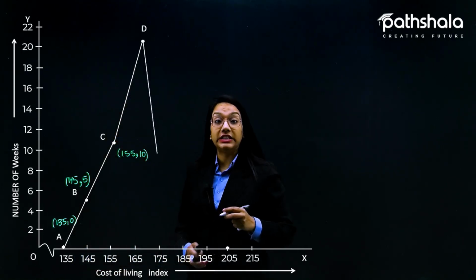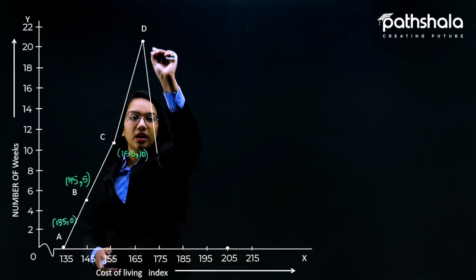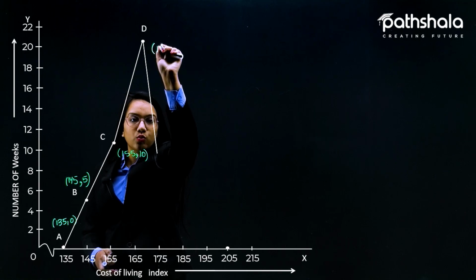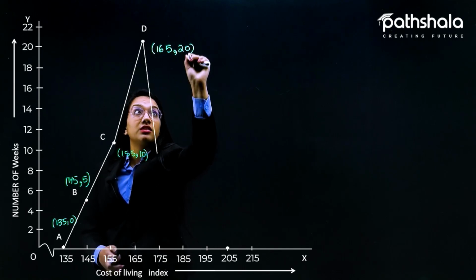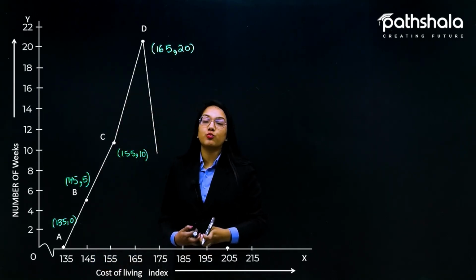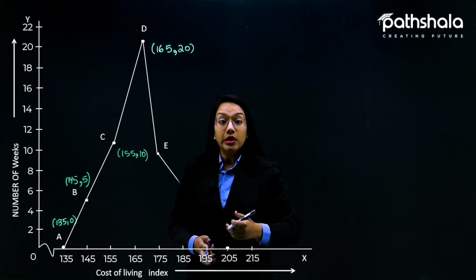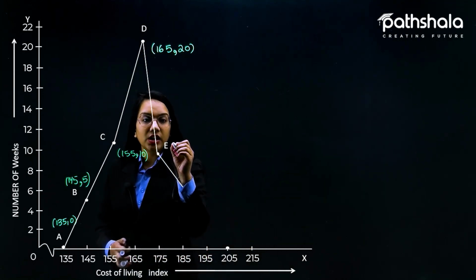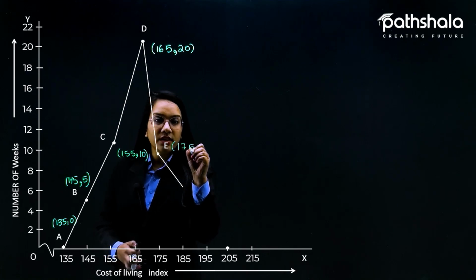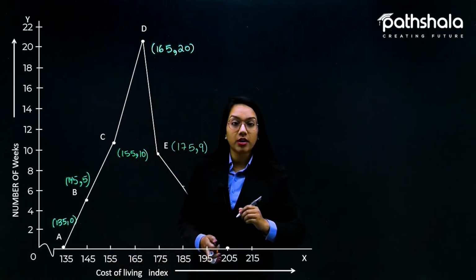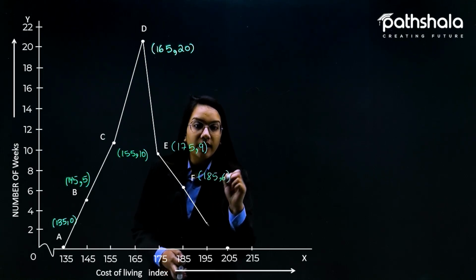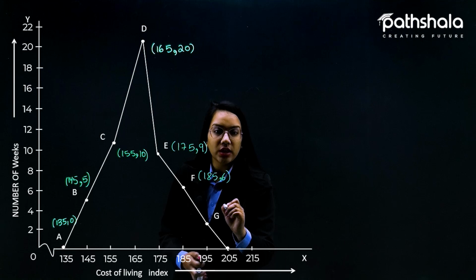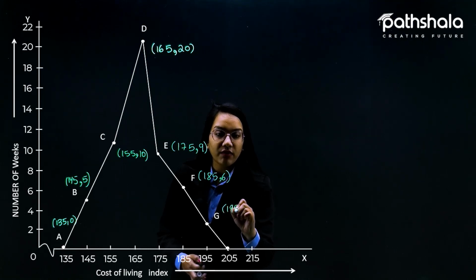And further we have the point D. The D point represents the class mark 165 along with its corresponding frequency, which is 20. Furthermore, moving on towards the point E, this point E represents the class mark 175 with its frequency, which is 9. And further we have the next point F, which represents 185, 6. And further we have G, which represents 195, 2.